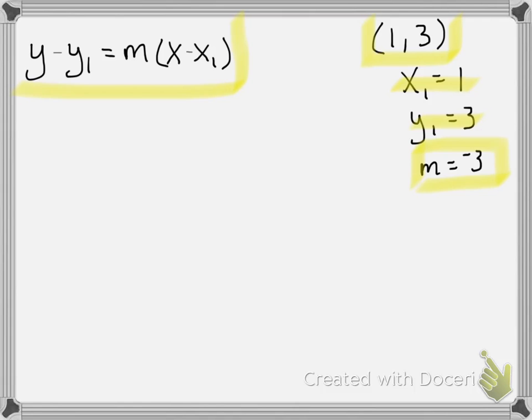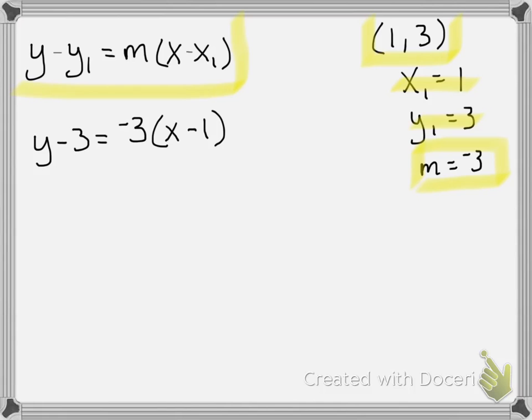So now we'll just go through and plug all of this in. We have y minus our y1, which was 3, is equal to our slope, which is negative 3, times x minus our x1, which is 1.